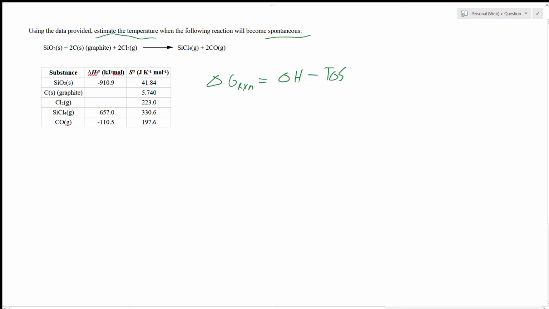So remember that a reaction is only spontaneous if the entropy of the universe is increased. So that means either the reaction has to give off heat, which is going to heat up the universe and therefore increase the entropy of the universe, or the reaction itself has got to have a positive entropy associated with it.